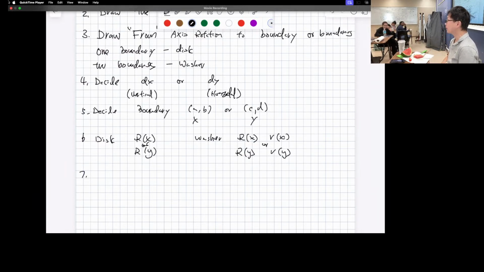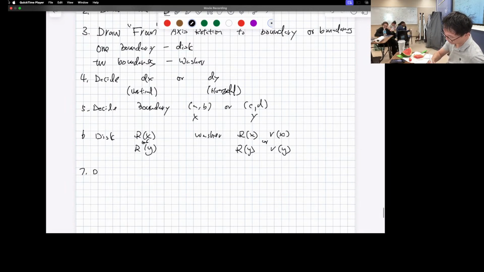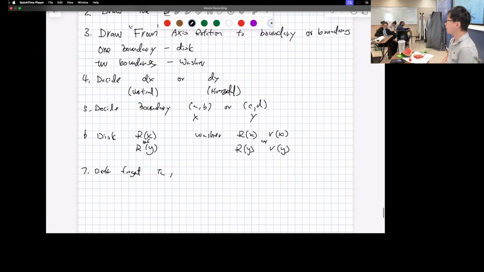Step 7. In order to complete this integral, don't forget certain things. Don't forget pi is in the front if you have rotations. Don't forget the pi. Joshua, pay attention. Don't forget the boundaries.